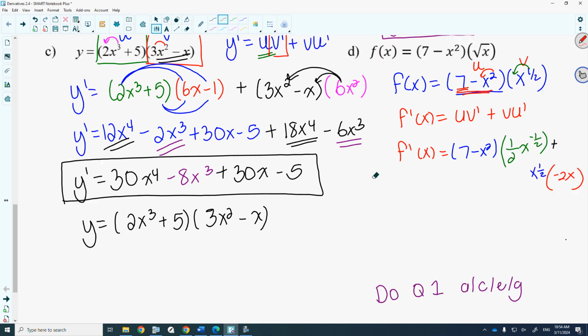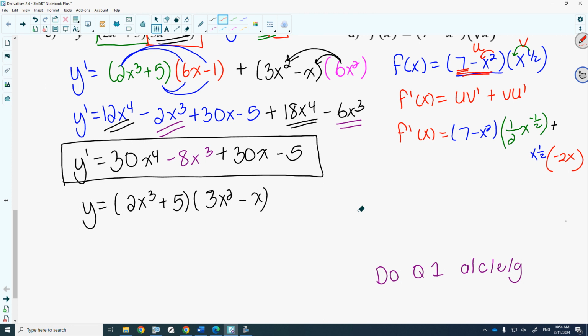Okay, let's clean this up. So f prime of x is equal to, I'm going to take that 1/2 x to the negative 1/2, and I'm going to distribute it here and here. So that would be 7 over 2x to the negative 1/2. And then this times this would give me negative 1 over 2x. I need to add those exponents. So I need to add 2 and negative 1/2.